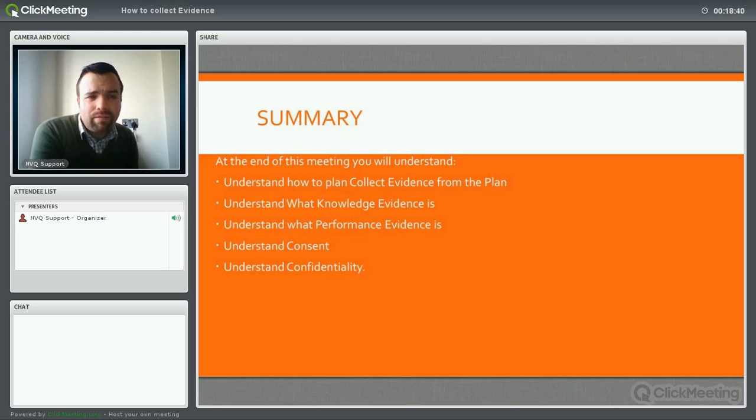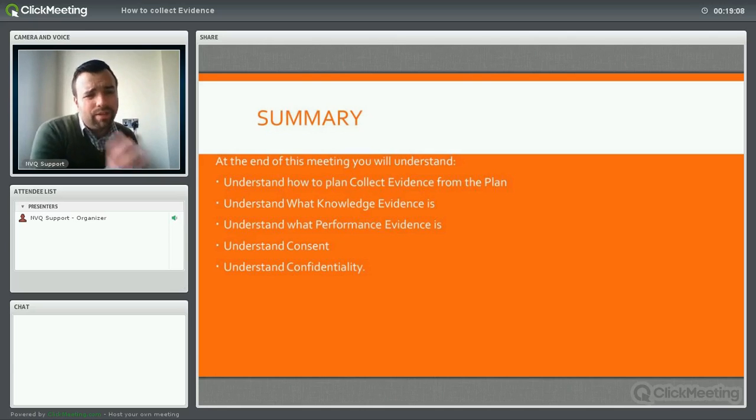The problem with reflective accounts is a learner can write pages and pages and it not actually meet any of the standards because they're not writing it in the correct way. Sometimes learners need a lot of support around writing reflective accounts, and the quality of the evidence really isn't worth the assessor's time.